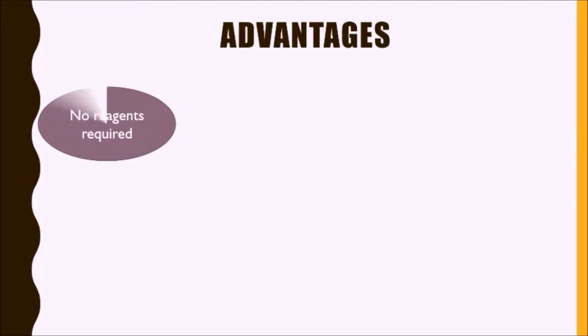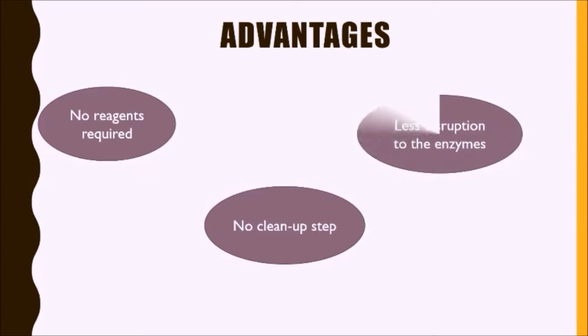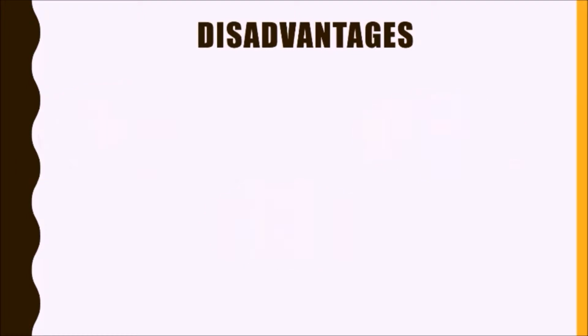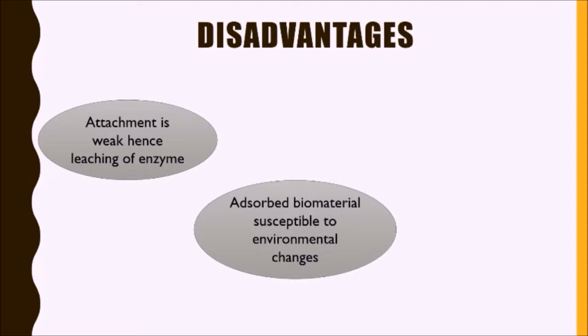Advantages of adsorption: no reagent is required, no cleanup step, less disruption to the enzyme. Disadvantages of adsorption: attachment is weak, hence leaching of enzyme. The adsorbed biomaterial is susceptible to environmental changes, and has a limited lifetime.